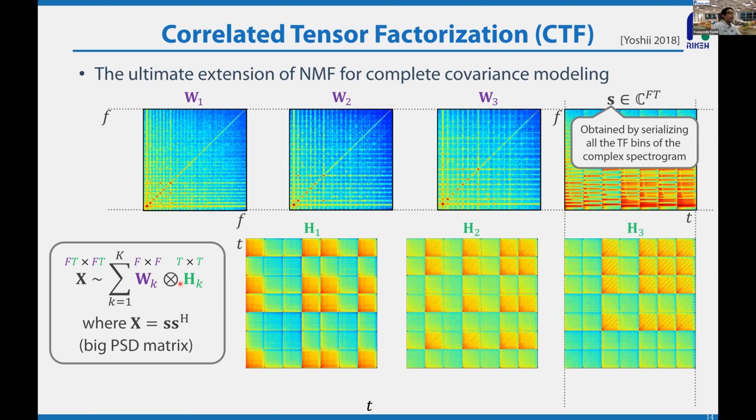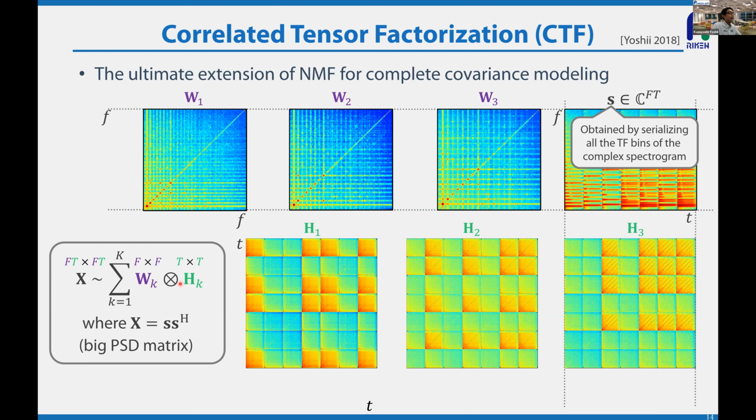Then the complex spectrogram is stochastically generated according to this complex Gaussian distribution, whose variance is given by this. Please note that this stochastic process is performed independently for each time-frequency bin.